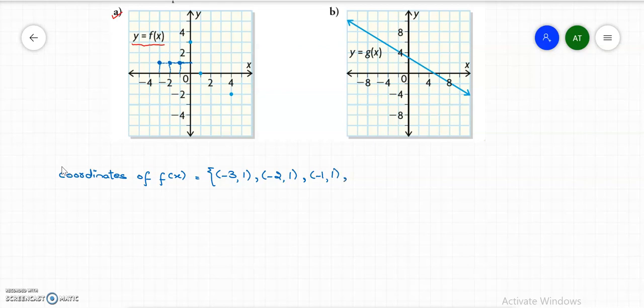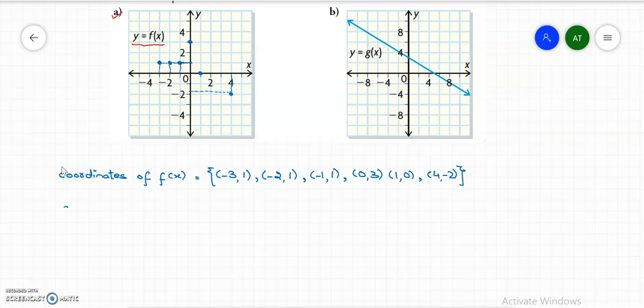For the fourth point, the x value is 0 and the y value is 3, so we have the point (0, 3). The fifth point has x is 1 and y is 0, so (1, 0). And the last point has x value 4 and y value -2, so (4, -2) is our last point for the function f of x.